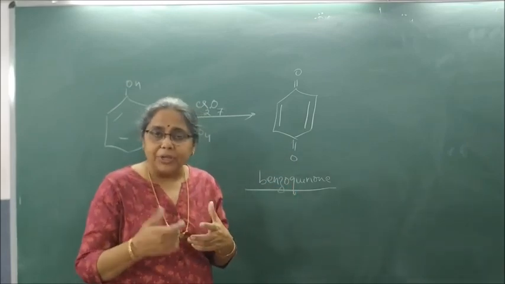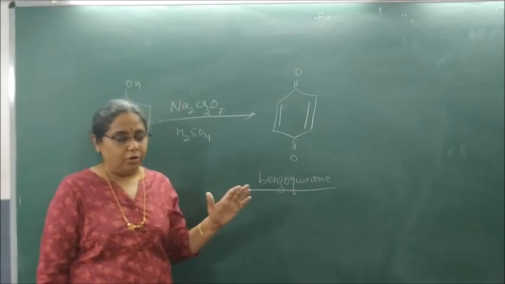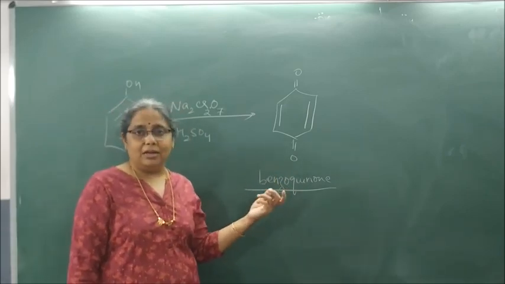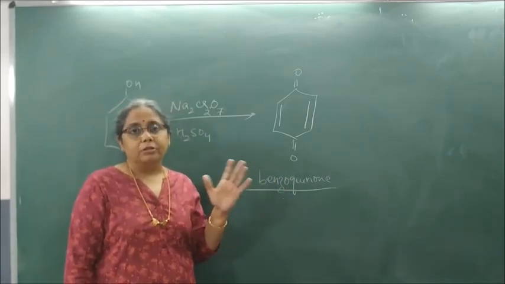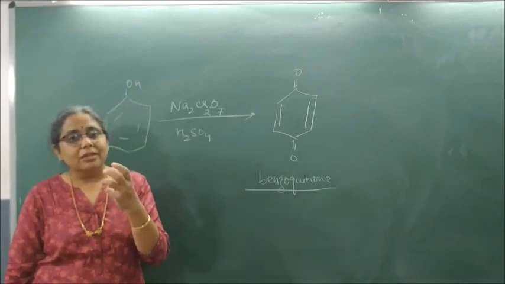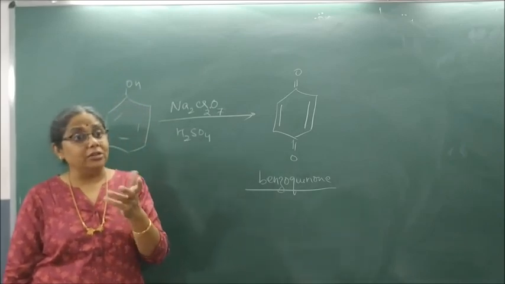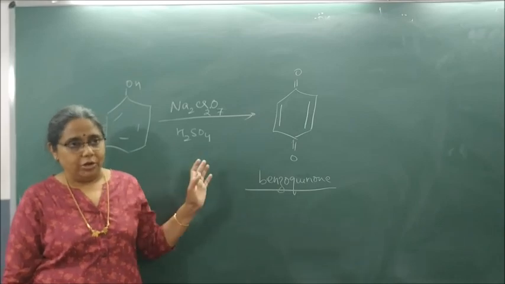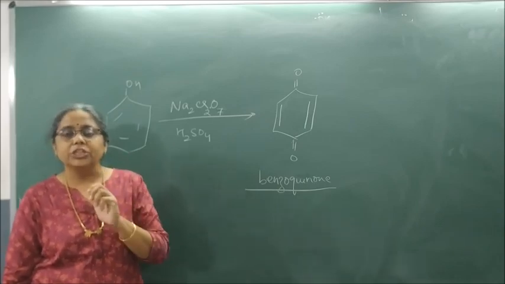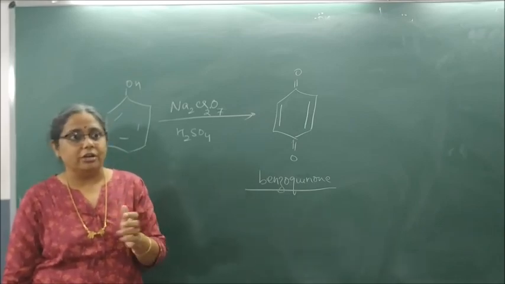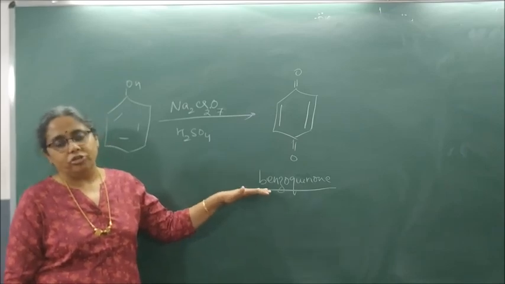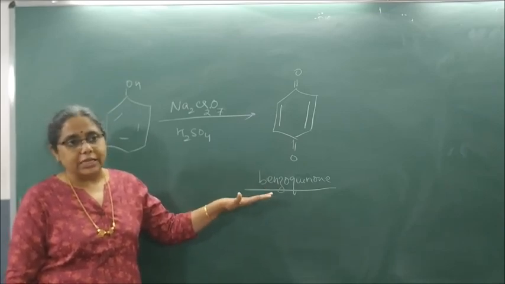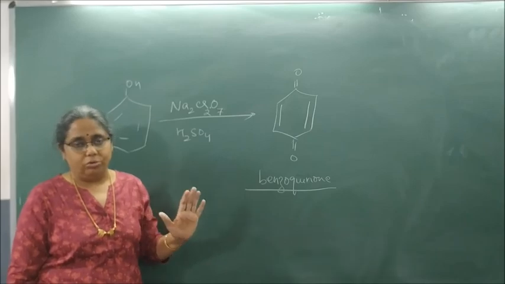The color happens due to oxidation of phenol into very brightly colored benzoquinones. So phenol on standing sometimes gives pinkish color, depends on how old the phenol is. Sometimes it gives reddish color. This is because of oxidation of phenol into diketones called benzoquinones.